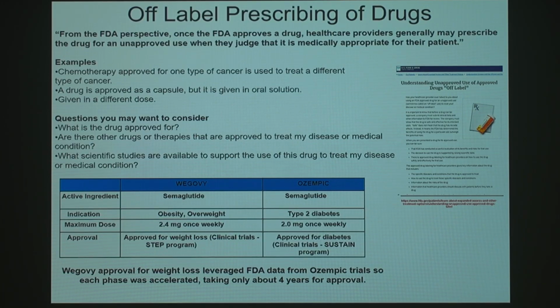This process was significantly expedited because it was the same drug and just an increased dose. Whereas the process would have taken 15 years, because so much was known about Ozempic, Wegovy only took 3 to 4 years to get approved because they already had so much information about the effects of the drug, like the side effects, the efficacy, and all that. So it was significantly expedited.